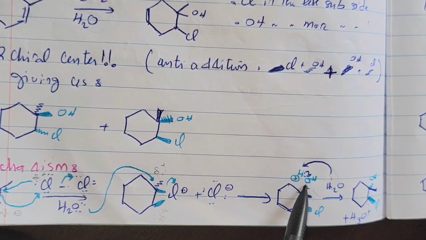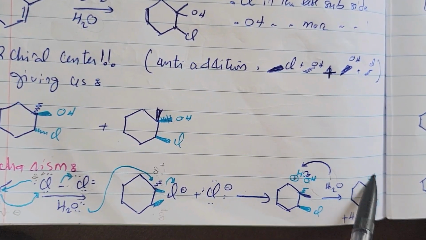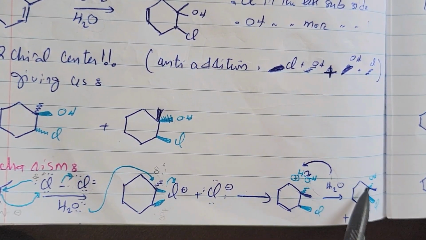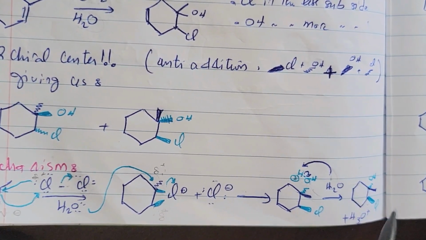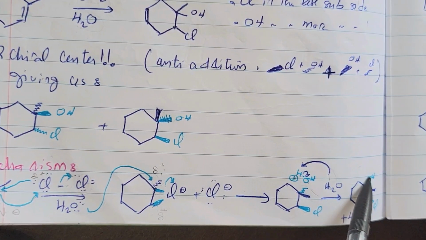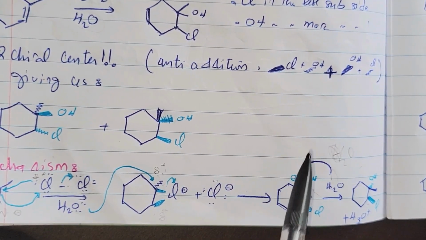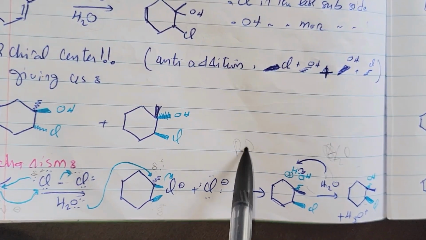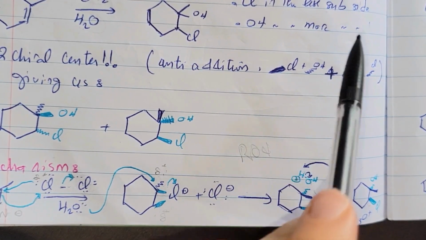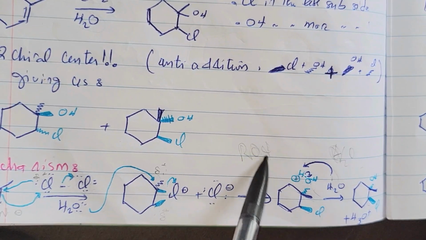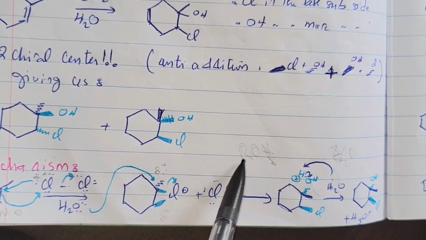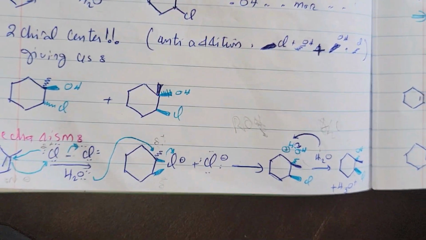So rather than having an OH here, we're going to have an RO. Because remember, if we have ROH, it's going to be ROH minus the hydrogen. It's going to be an RO.